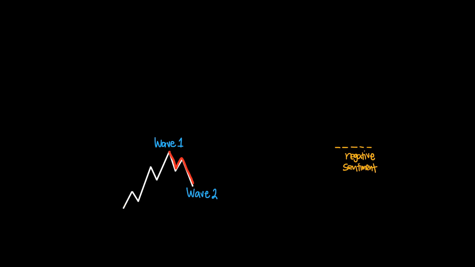And because sentiment is primarily negative, from backtesting wave 2s throughout history, at least in the US market, you will discover that 88% of all wave 2s come in the form of zigzags, while 12% only come in the form of flats. Now let's examine how those two differ in terms of structure and Fib relationships.